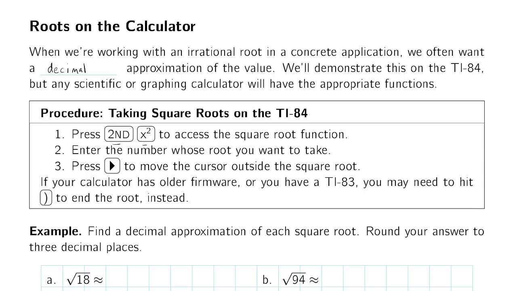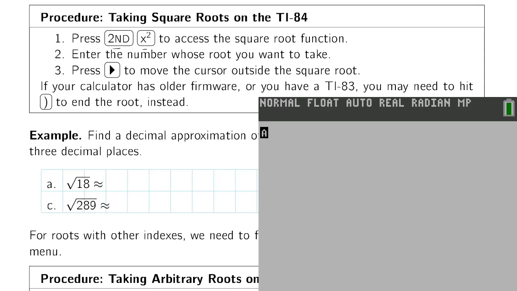So let's see how we take some square roots using the TI-84. In this first example, I'm asked to give a decimal approximation of the square root of 18. So I press the second key, followed by the x squared key, which gives me that radical symbol.